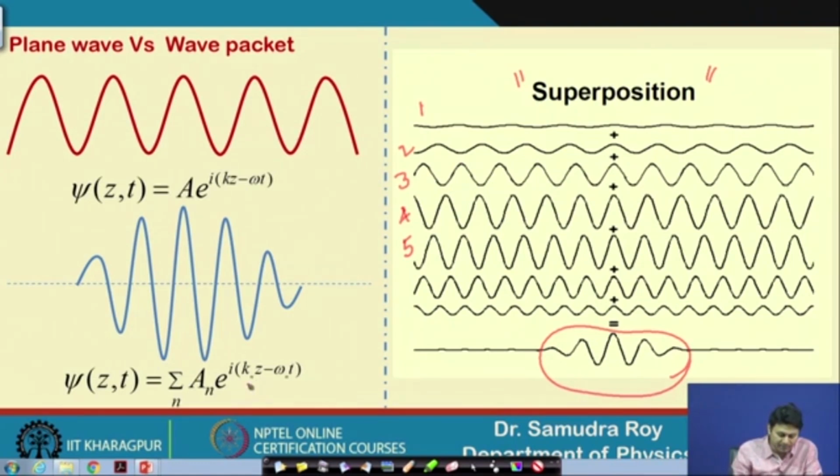So in both cases we should put a suffix here, and since it is a superposition we need to sum it up. When we sum it, the resultant gives this kind of localized wave, which we call a wave packet.